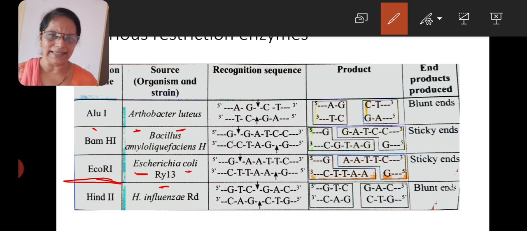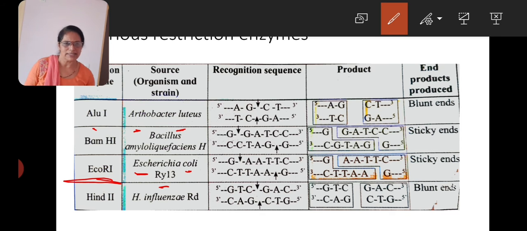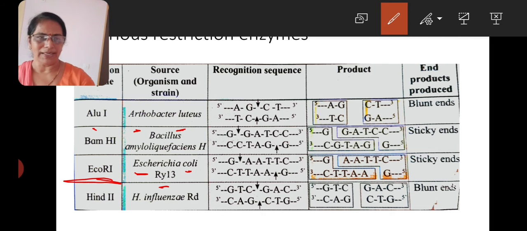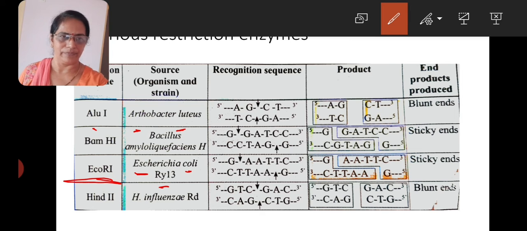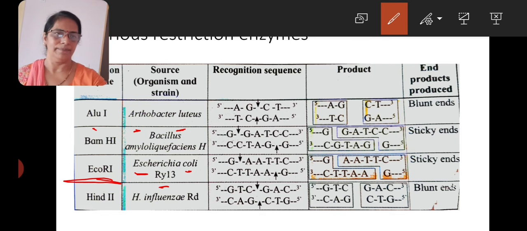So the nomenclature of this restriction endonuclease enzyme depends upon the bacterium from which the enzyme is collected. The first letter of the genus, the first two letters of the species, the strain of the bacteria and the type of endonuclease enzyme, all together give the nomenclature to that restriction endonuclease enzyme.